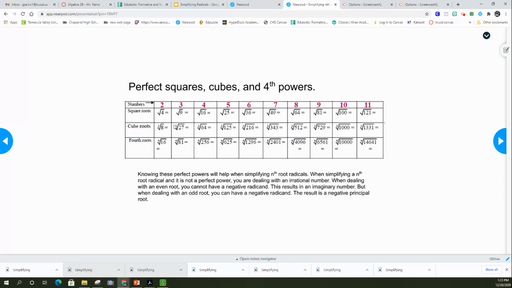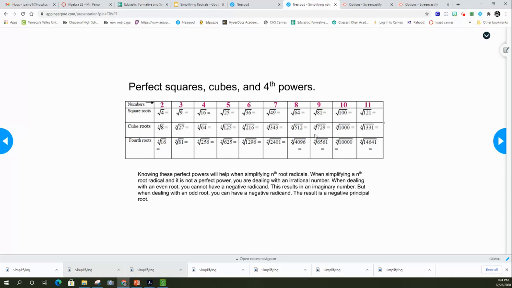So these are our perfect powers: squares, cubes, and fourths. Again, you should know, obviously, your square roots. You should all know those. You should know the first couple cube roots, first couple fourth roots. But if you have this table in front of you, it's going to make simplifying a little bit easier.